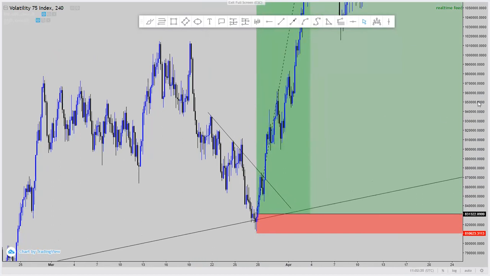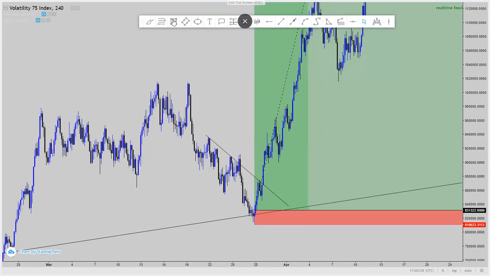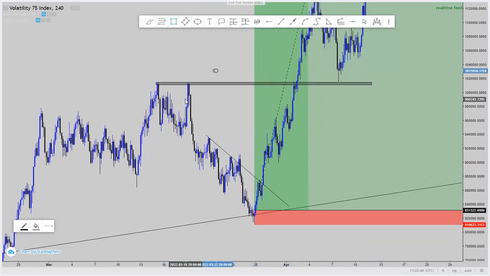So that breakout that happened next, you could have actually scaled in to that buy as well. So same as after that level of resistance there, you could have also gotten into that buy as well. So many opportunities were there. First opportunity was here. Second opportunity was there.